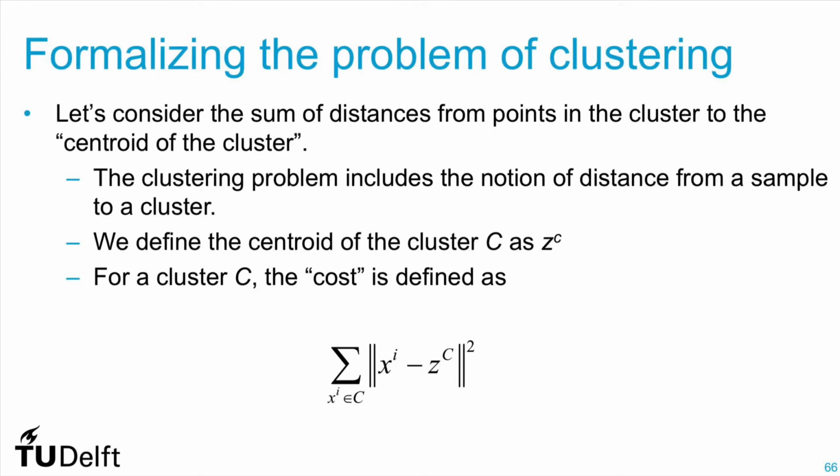We will define the centroid of a cluster as set super C, and this centroid might be a member of the cluster or might also be a point within the cluster. And in this case, for any cluster C, the cost will be defined as the sum of the distances between samples and centroids, considering only the samples that belong to the cluster.